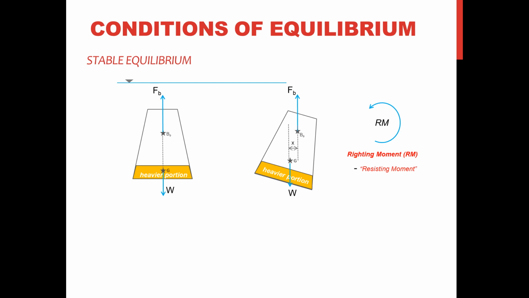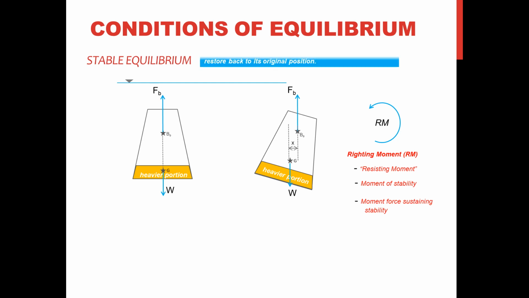That is why it is called the resisting moment, because it restores the body to the original position. It is the moment of stability and the moment for sustaining stability. Therefore, stable equilibrium is defined as when a body is slightly rotated, it has the capability to restore back to its original position.